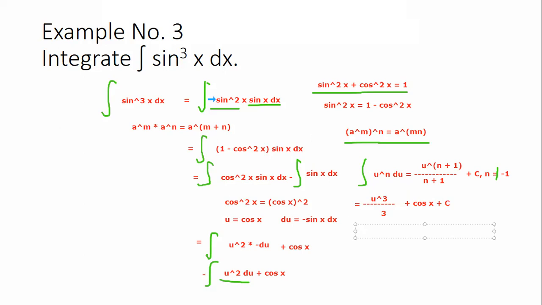So this will be cosine cubed over 3 plus cosine x. This will be our answer for this particular problem.